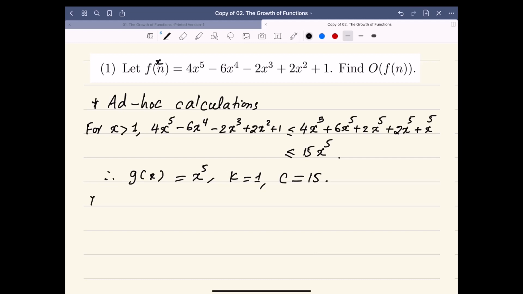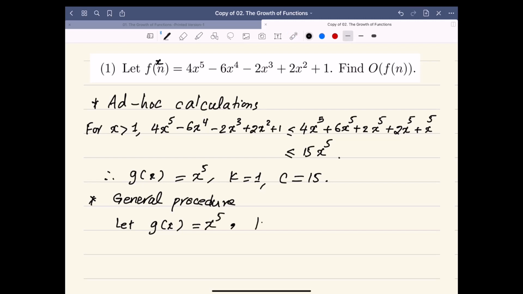Now by using the general procedure, there is no need to do the ad hoc calculations. Simply we can say let g of x be the dominant term. And what is the dominant term? It is x raised to power 5.